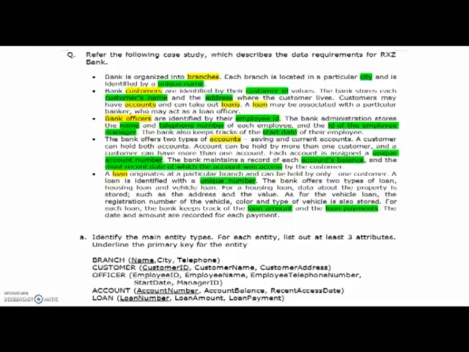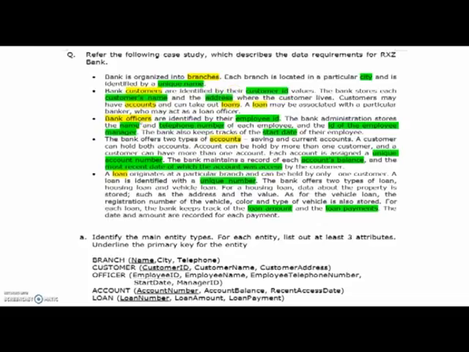For the second sentence, the customers are identified by the customer ID. So the customer will be the entity and the customer ID will be its primary key. The attributes will be the customer name and address.